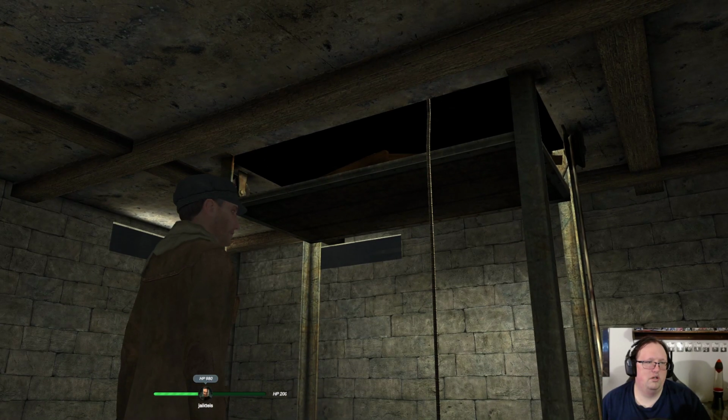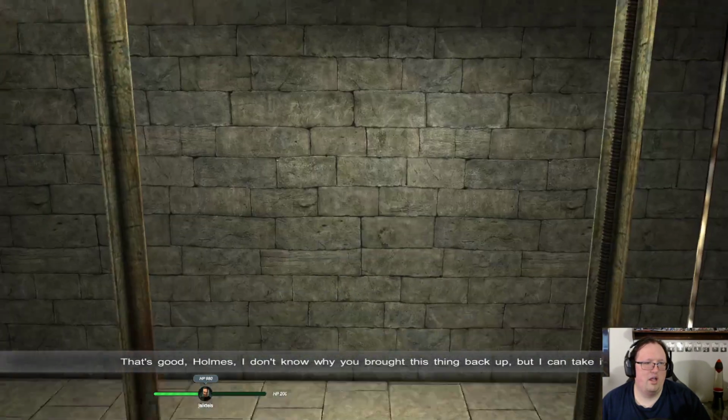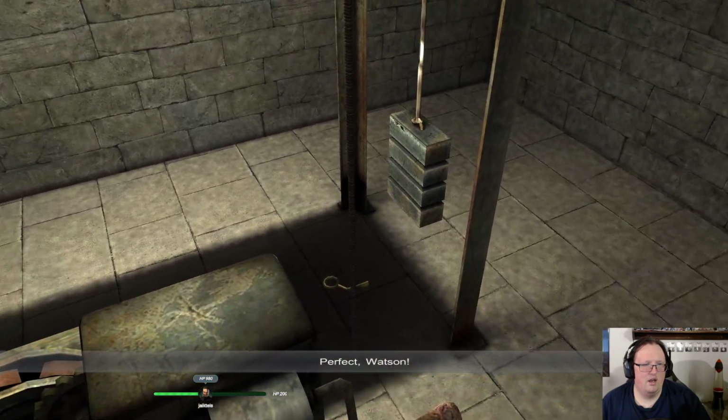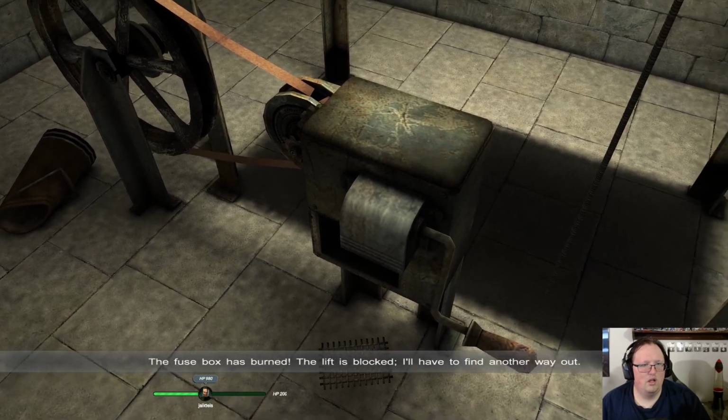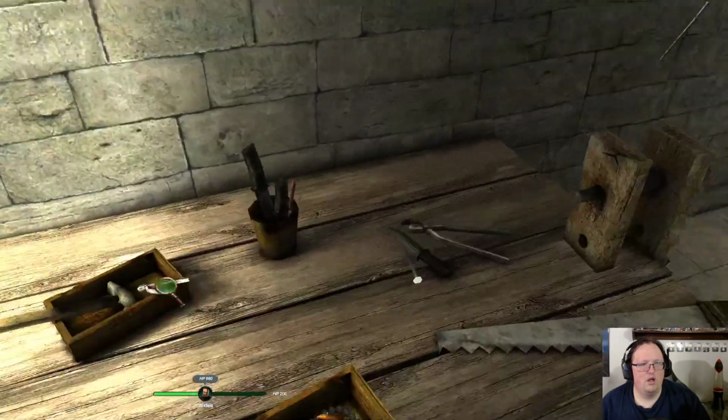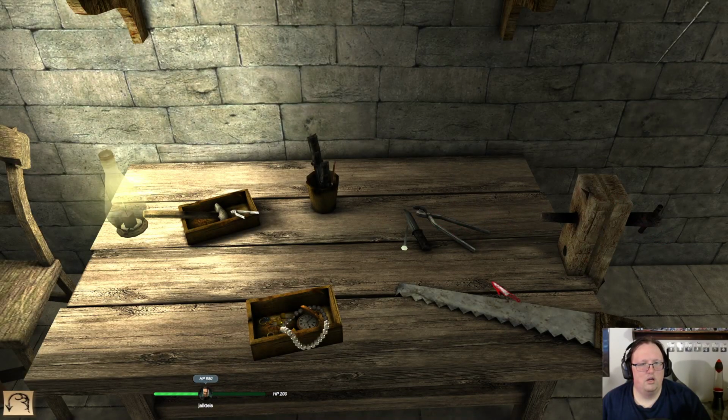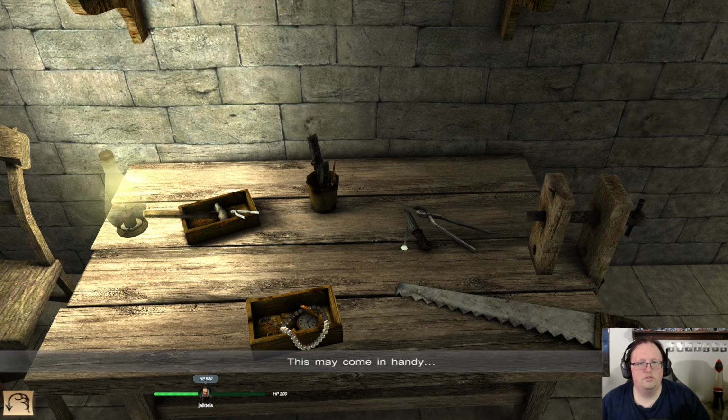Kablooey. That's good, Holmes. I don't know why you brought this thing back. Perfect, Watson. Thanks, Watson. This bent key just needs a little... The fuse box is burned. I was already closed. This may come in handy.